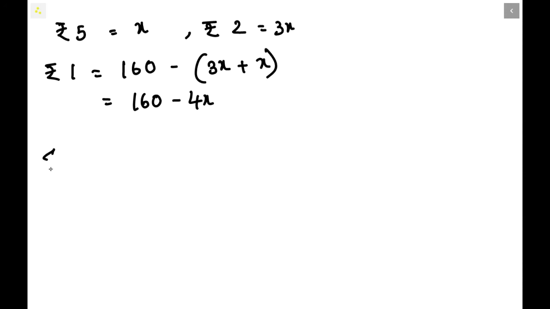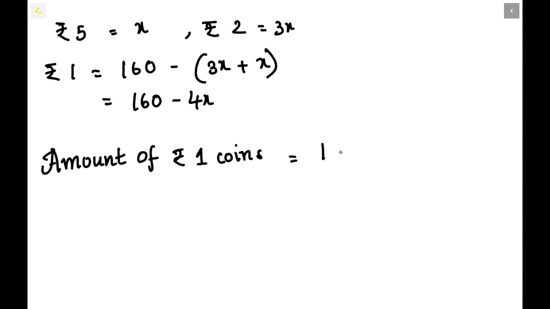So the amount of 1 rupee coins will be 1 into 160 minus 4x, because the 1 rupee value is just 1, right? If we multiply 1 with 160 minus 4x, we get just 160 minus 4x.